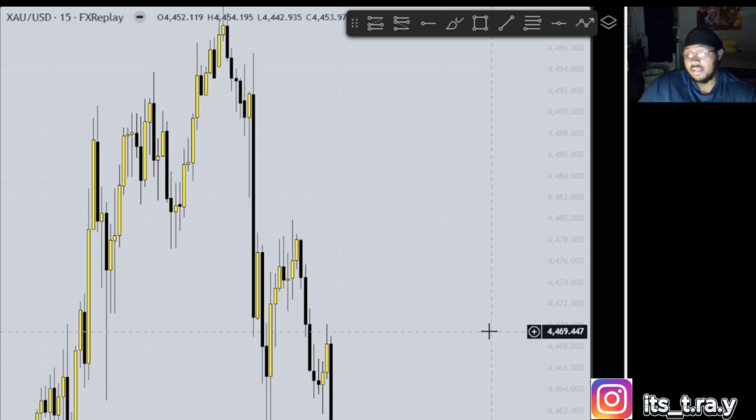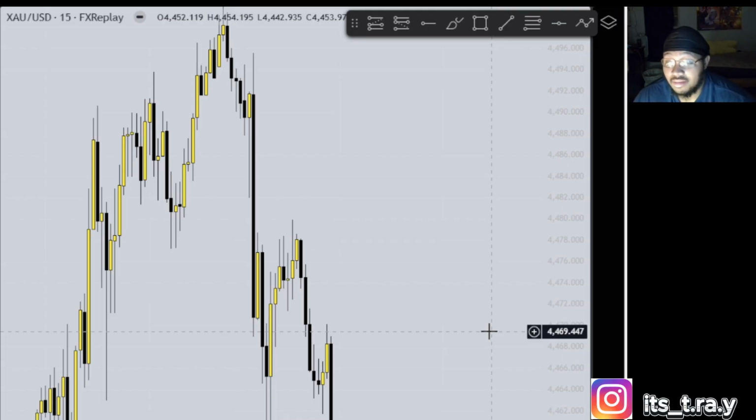Which, what I mean is, like, people getting greedy, people getting impatient, people having a fear of missing out, and they're chasing price, and they enter in a position that they shouldn't even be in because they missed the move, or they feel like they missed the move, or price didn't give them an entry, or people blaming the market, getting upset saying it's all fake, it's a scam because they keep on losing.